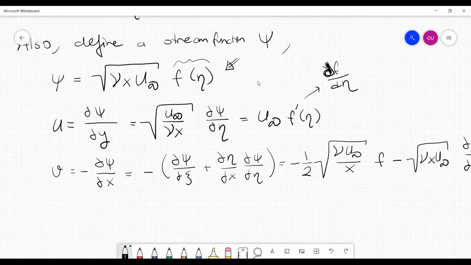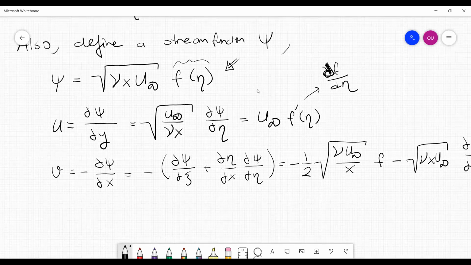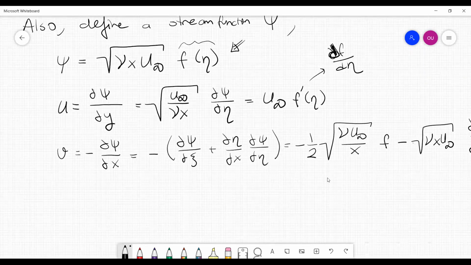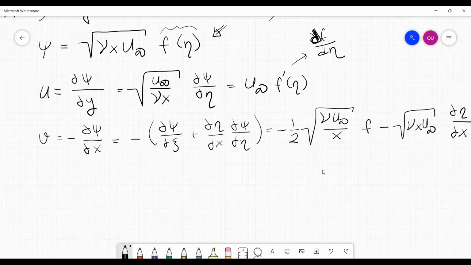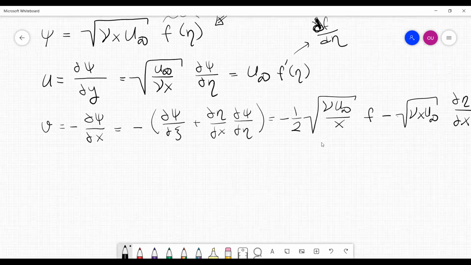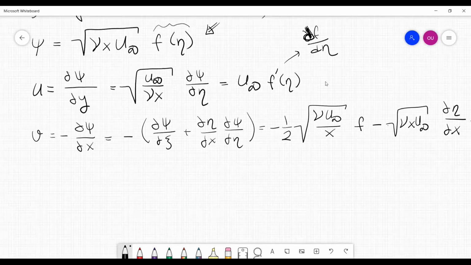Now the thing is, the function f of eta here is important, okay? We can directly see from this equation that whatever that function f eta is, when we take its derivative with respect to eta, df d eta, that derivative becomes equal to u over u infinity.